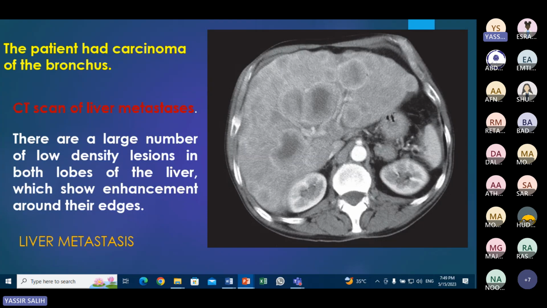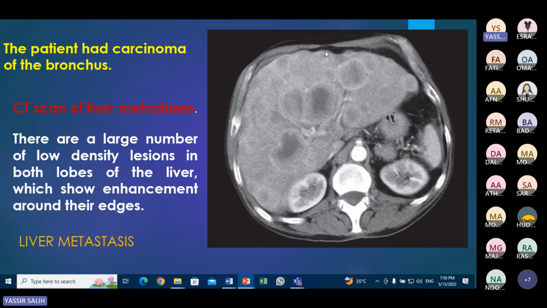This patient is a known case of CA bronchus. What abnormality do you see? We have multiple lesions, this is one, and this other one, and this other one.